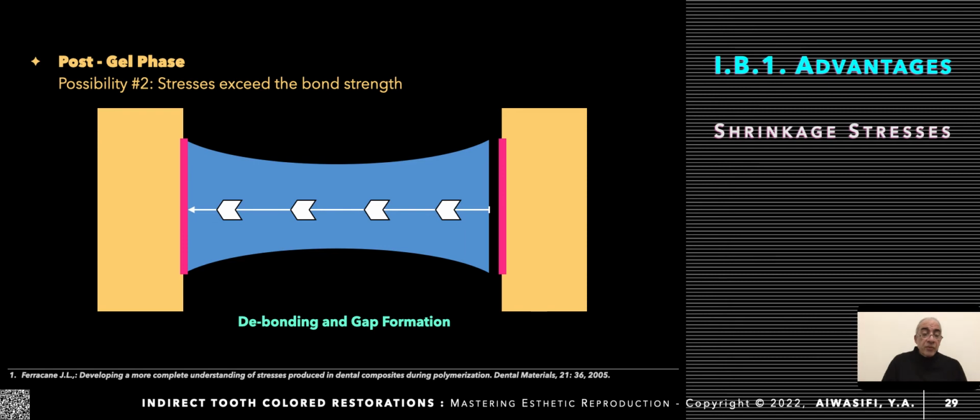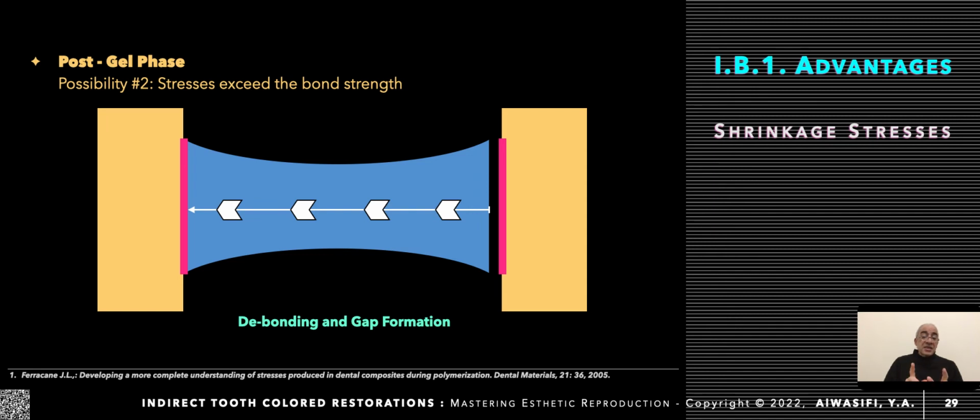Possibility number two: your bond strength is weaker than the stresses produced. At this time, regardless of whether your tooth structure is weak or strong, debonding will happen at the margin.